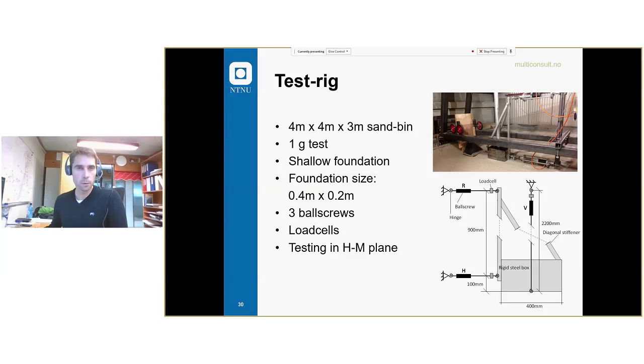The load is applied by ball screws, and we have load cells connected so we can control the system. The testing is performed in the horizontal load and moment load plane. You can see the ball screws, these black cylinders: horizontal load applied by this one, moment loading or rotation applied by this one, and then we have the vertical load.